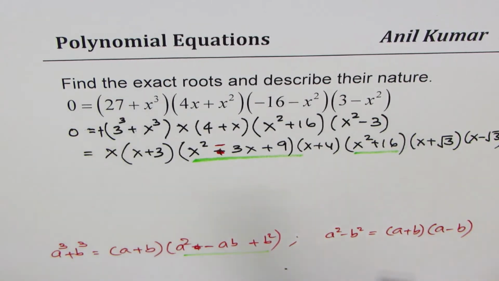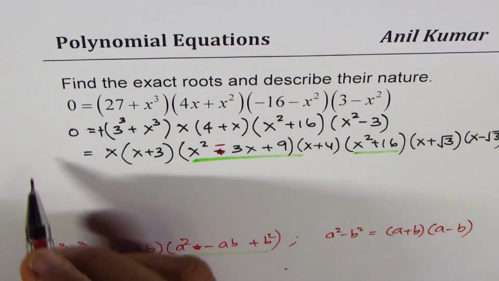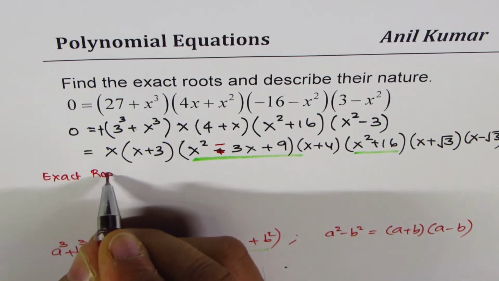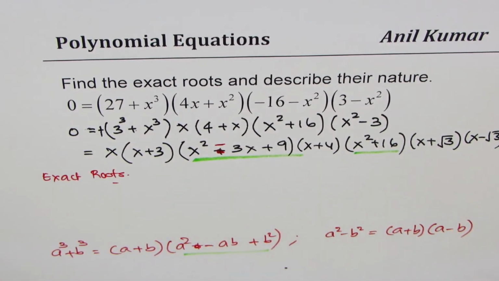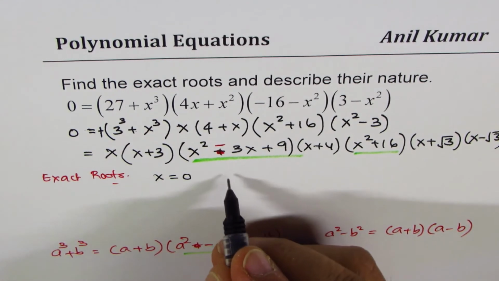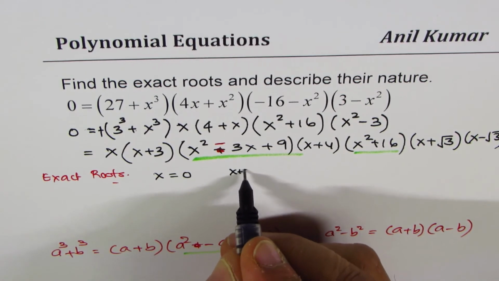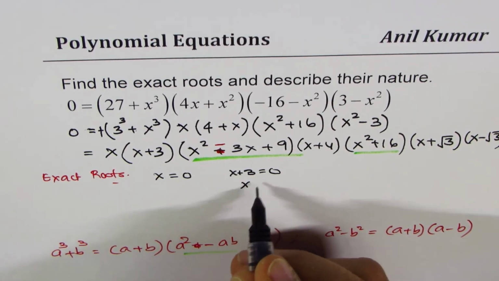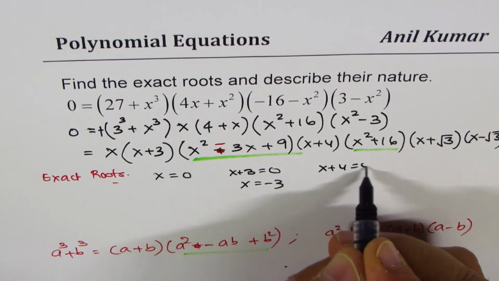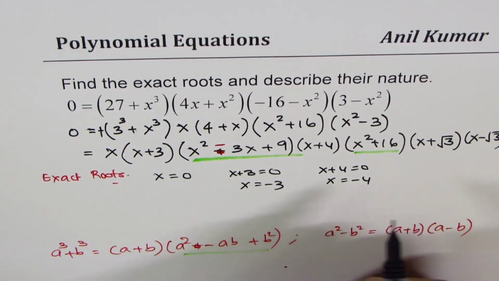So let's find the exact roots now. You get a root because of the x. So we have x equals 0. From the first factor, we have x plus 3 equals 0. That means x equals minus 3. Then we have x plus 4 equals 0, so x equals minus 4.